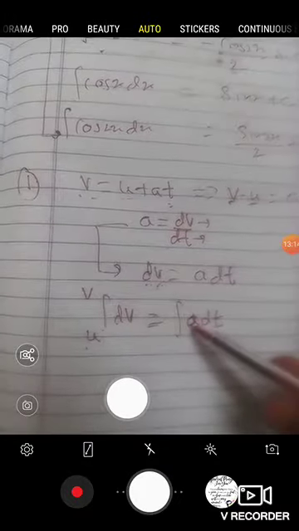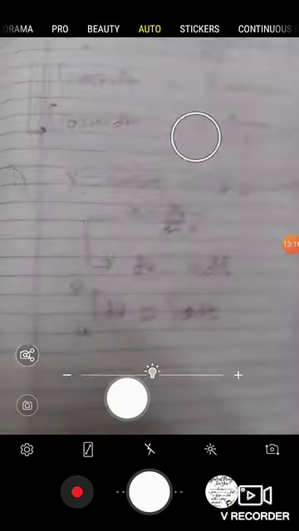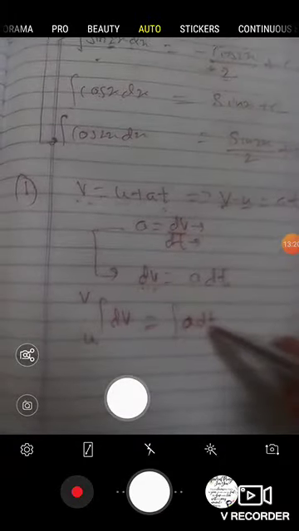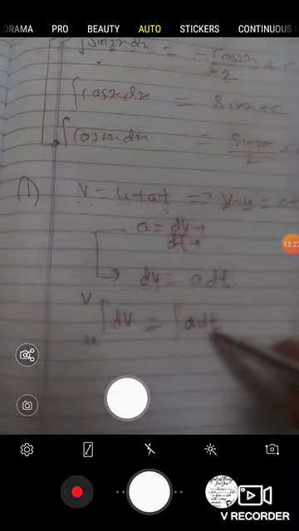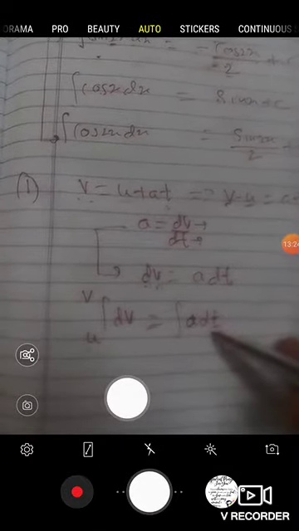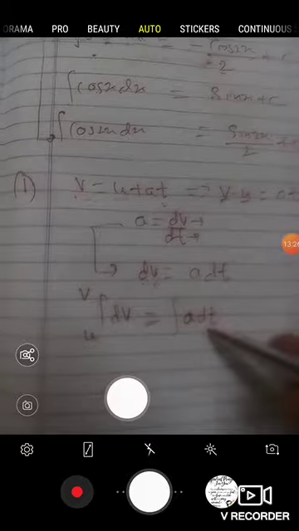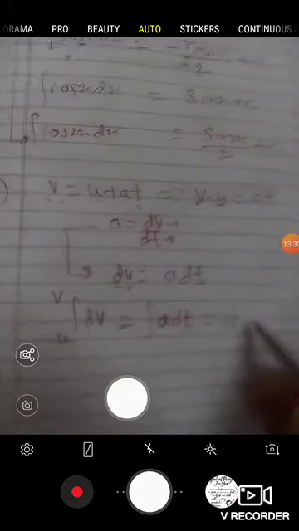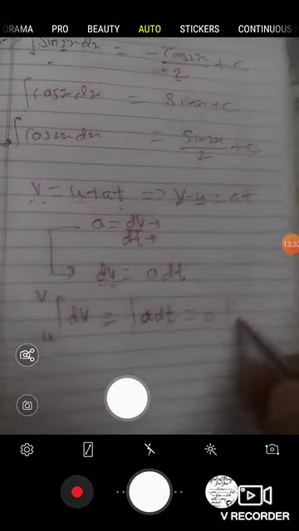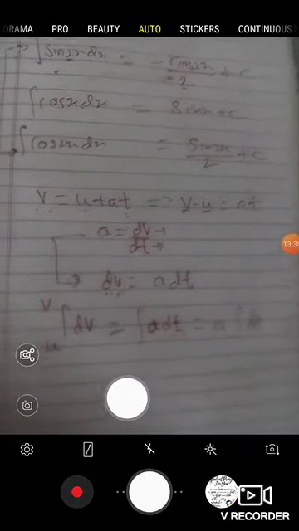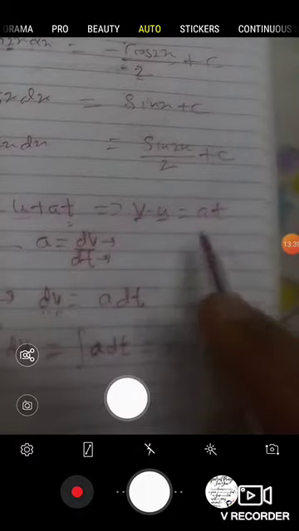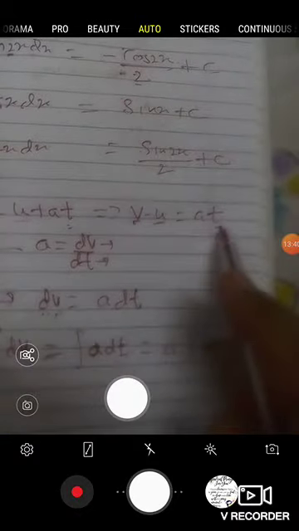So a cannot be integrated, because a will be integrated only if here is a and here is da, but here is a and here is dt, and integration is only for the small elemental value. So I will take a outside and integrate only dt. Now again, here if you see this equation, there is only one single t.